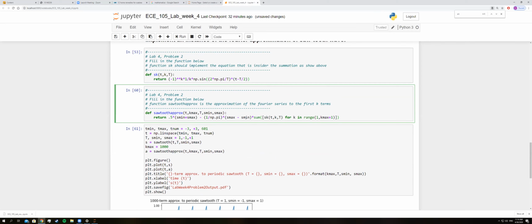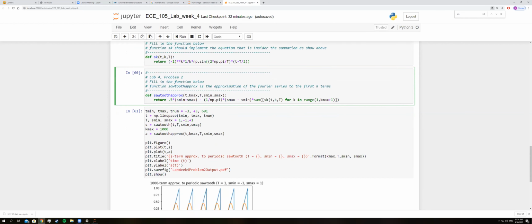S max minus S min times sum. Less negative K. Sinusoid, like 2 pi. It has to be that it's not going through the for loops, don't you think? Hold on. You go to your SK.